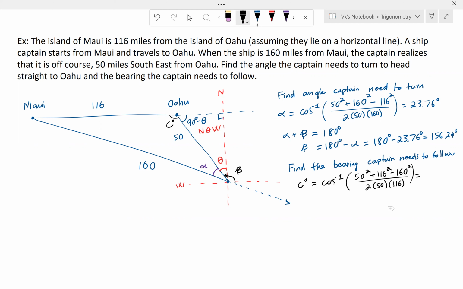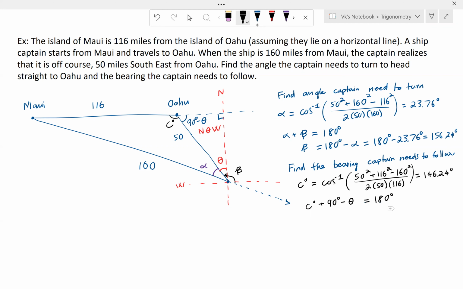So this would give us 146.24 degrees. And we know that the angle C plus 90 degrees minus the angle theta is 180 degrees.